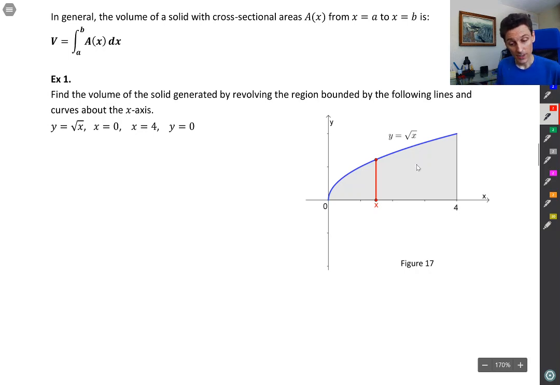All right, so there's our region, and what we have here is a little snapshot of one of the cross sections of that region. Now we're going to make a volume of a solid generated by revolving the region about the x-axis. So if we think about revolving this about the x-axis, well, this part of the region, if we just think of this as an infinitely thin rectangle, when we revolve that about the x-axis, is going to map out a circle.